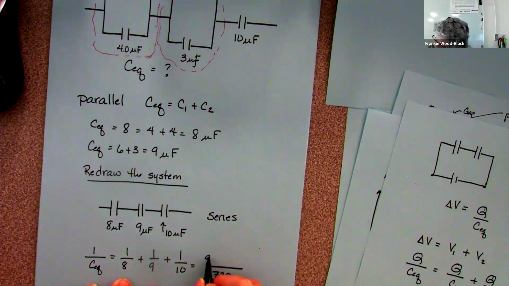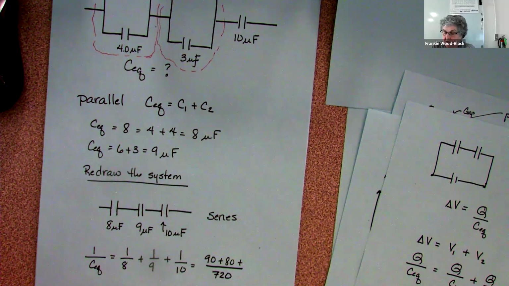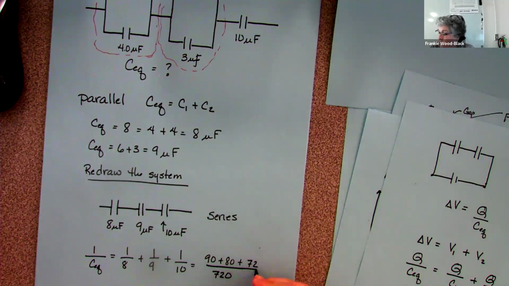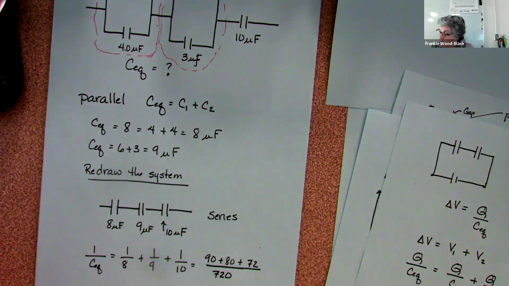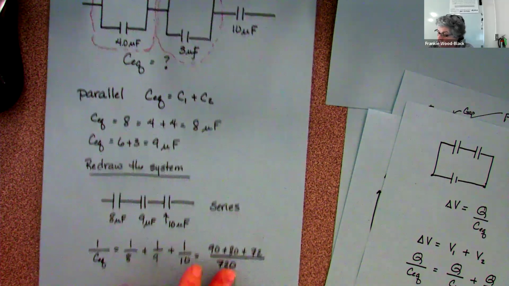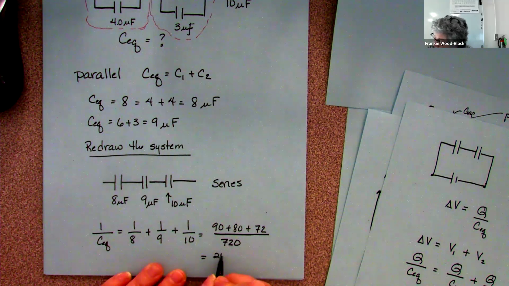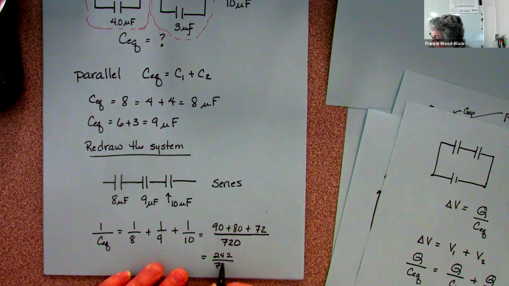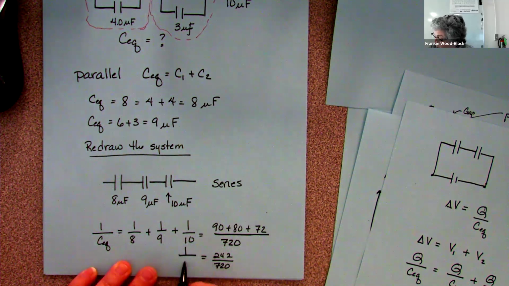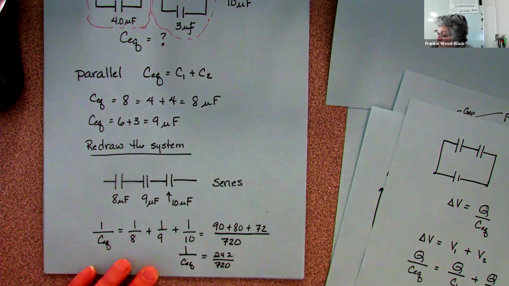I'm going to get 90 plus 80 plus 72. If I've done everything correctly, it gives me 242 divided by 720 is equal to 1 over the equivalent capacitance.